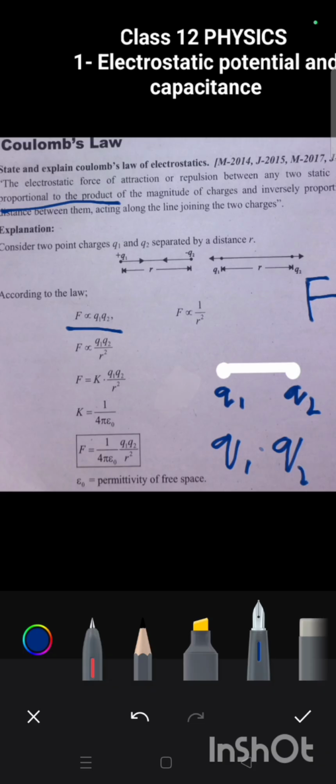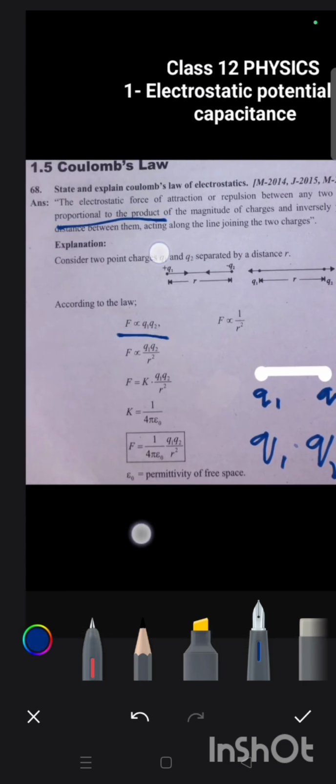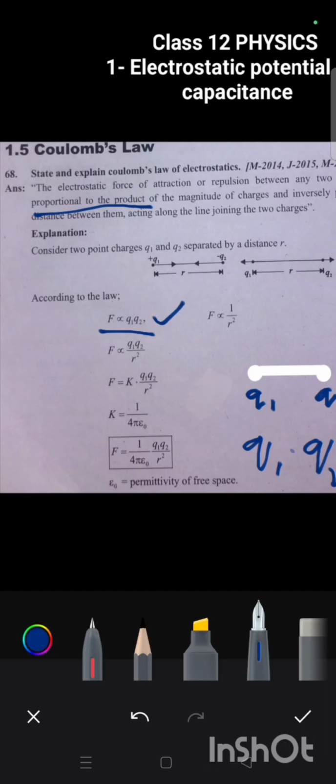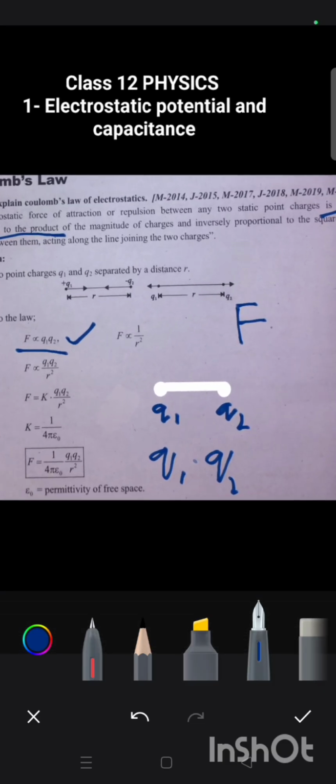Product is always given as dot product. F is directly proportional to the product of the two static charges. This is the first step, right? Then it is inversely proportional to the square of the distance between them.